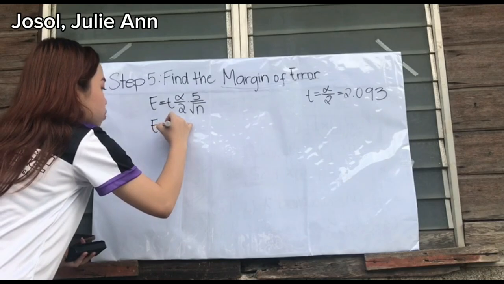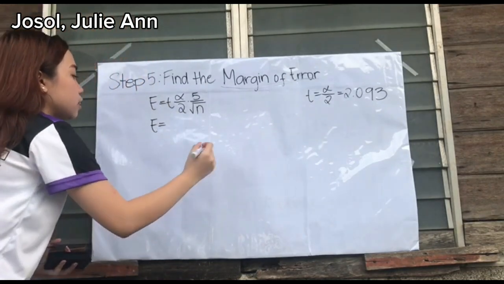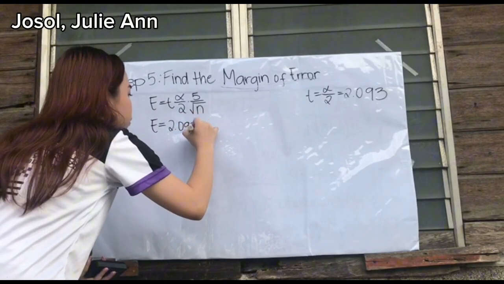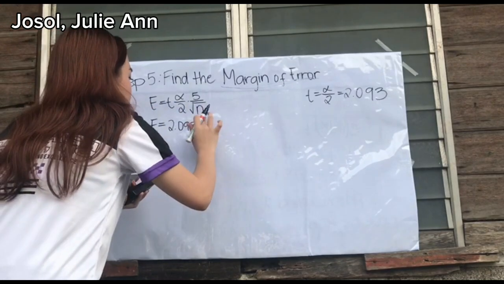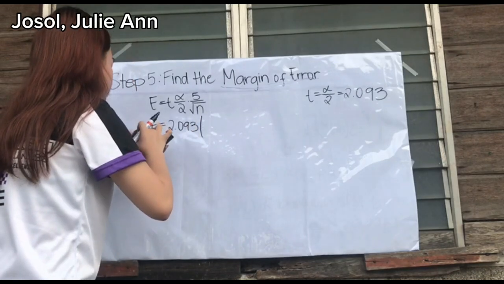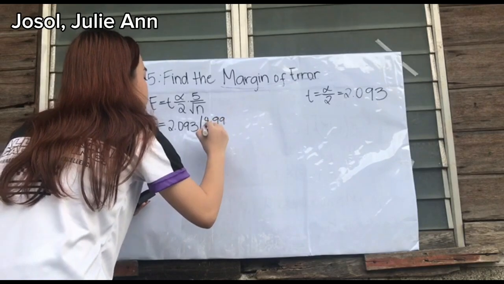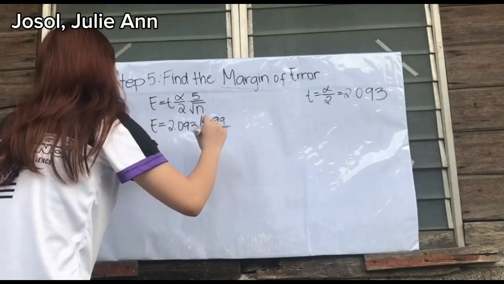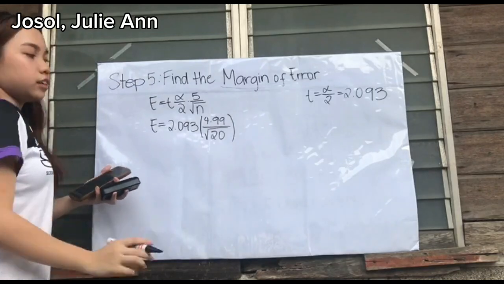Margin of error is equal to, since our t of alpha over 2 is 2.093, times 4.99 over the square root of sample size.